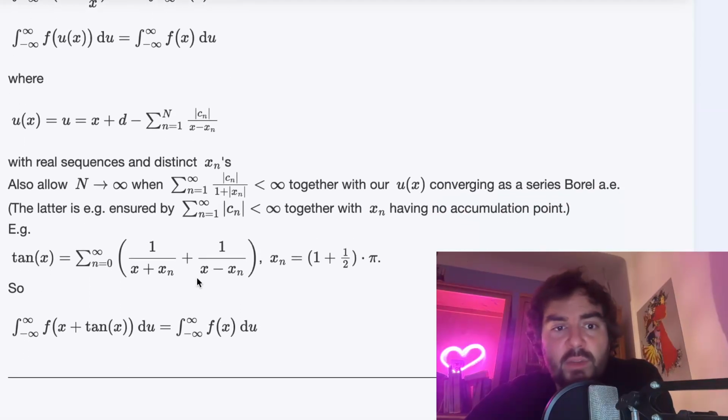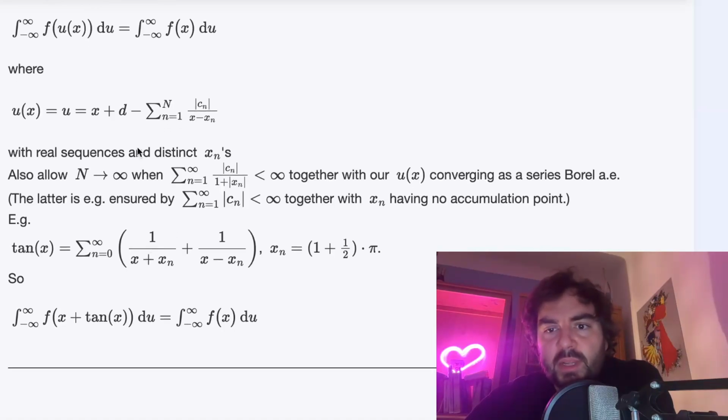And what's more, and this is a case that I will not discuss formally in this video, if you put some constraints on the sequences c_n and x_n, the zeros, then you can even go with n to infinity. You just have to avoid accumulation points of these sequences and have some mild integrability conditions.